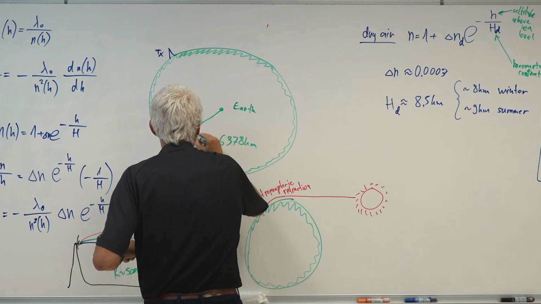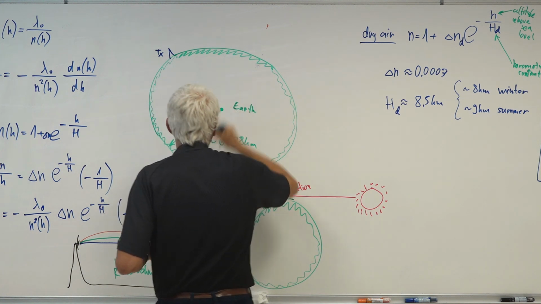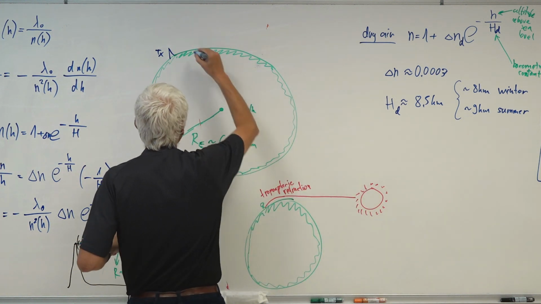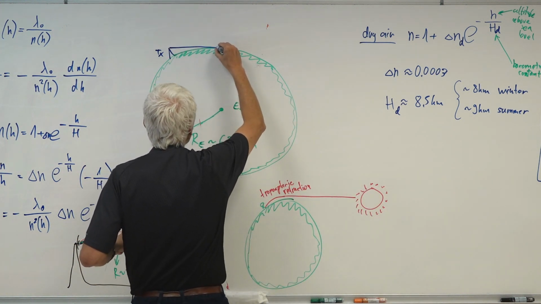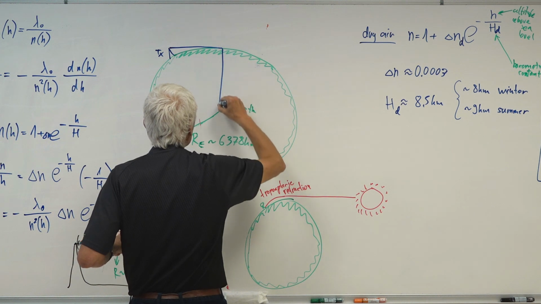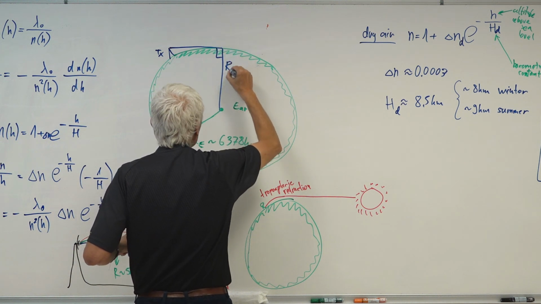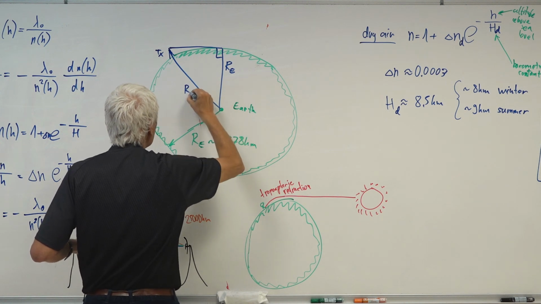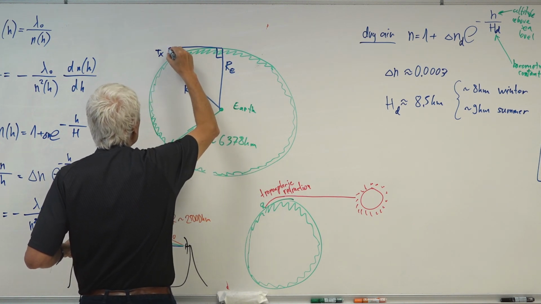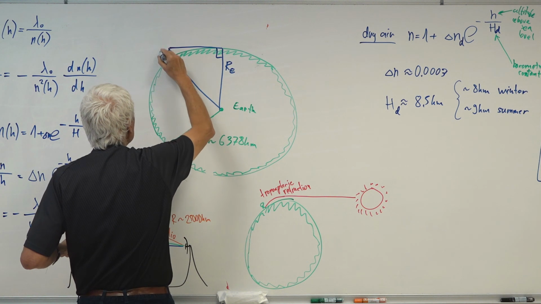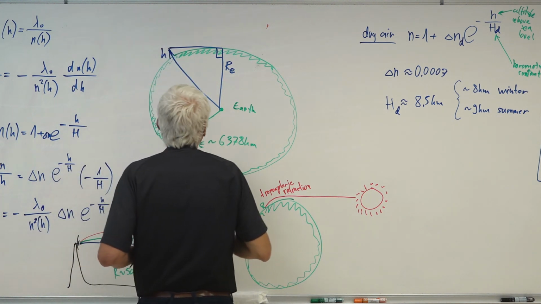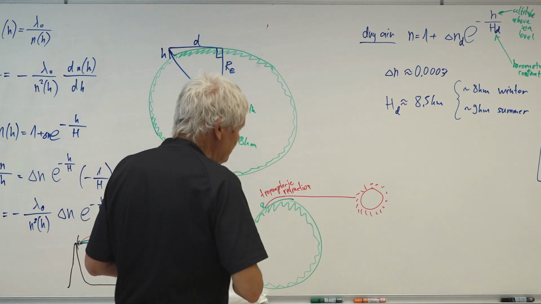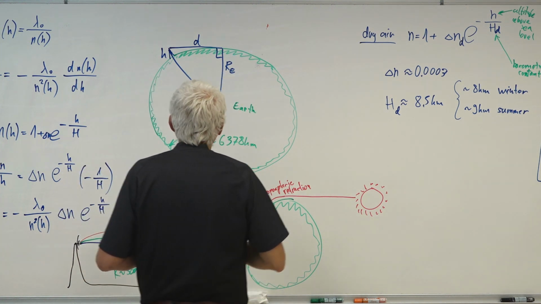This is the true R of the Earth, but that true R is valid for a straight line, for geometrical visibility. So for geometrical visibility, I can draw a triangle here that has an R Earth here. This part is also R of the Earth, and this is the height above sea level of my transmitter. And here I have the distance, my coverage of my transmitter, my geometrical visibility.